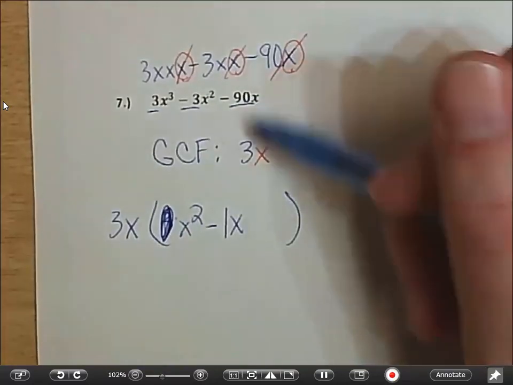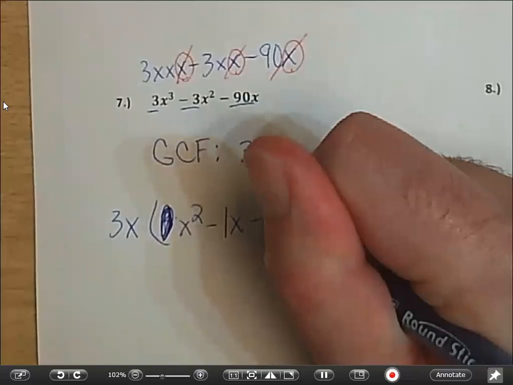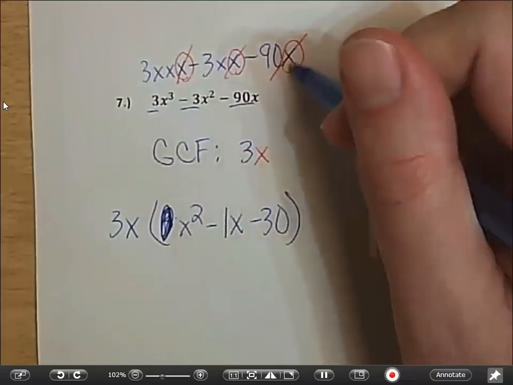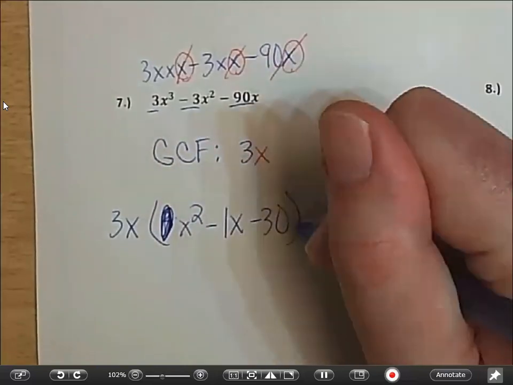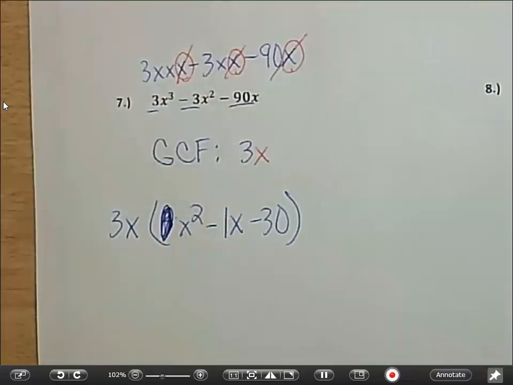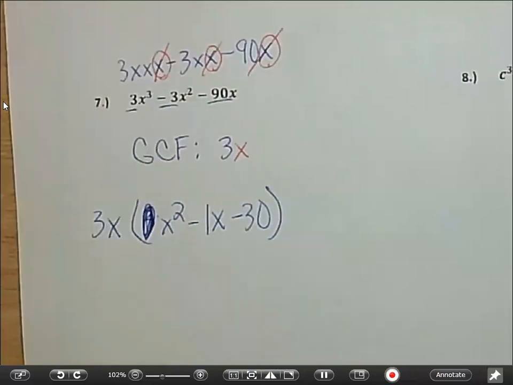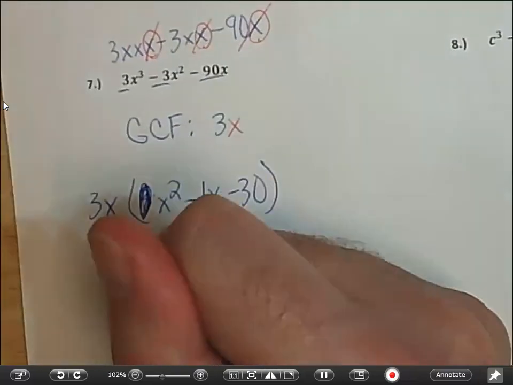Finally, negative 90 divided by 3 gives us negative 30, and we factored an x off of it, so there's no x's left on this term right here. And this is what you're trying to end up with in all these. Some sort of x squared term, or whatever the letter is, some plain old x term with whatever number on it, and then just a number term at the end. So that might kind of give you a template for what to look for.